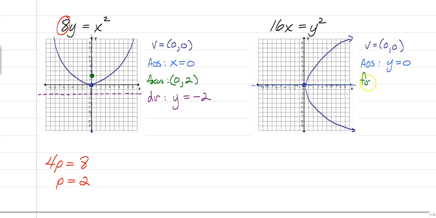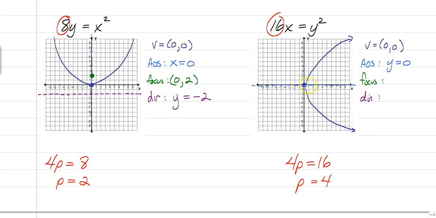The focus and the directrix are going to be the same distance away from the vertex. So we have to go find that distance. The distance is 4p, which is equal to the 16 that's out front. Divide both sides by 4, so your p value is 4. So that means the focus is 4 units on the inside, and the directrix is 4 units on the outside.